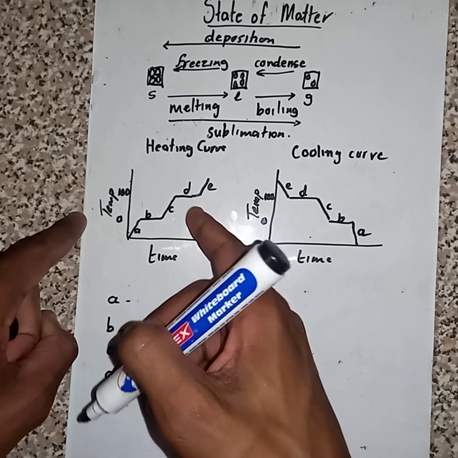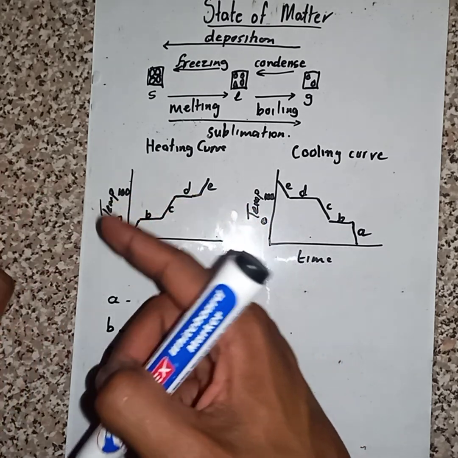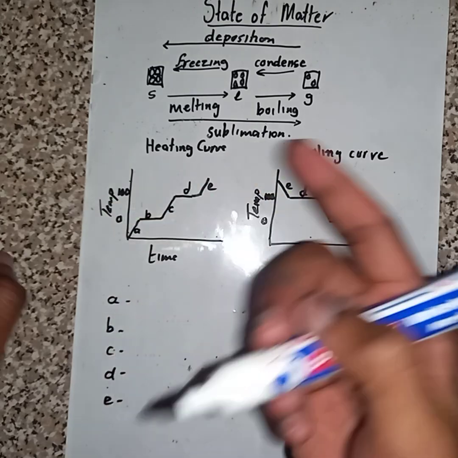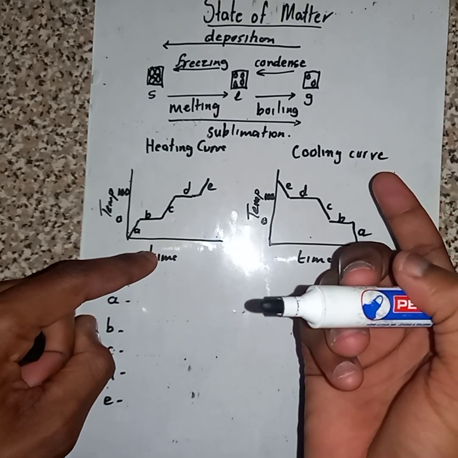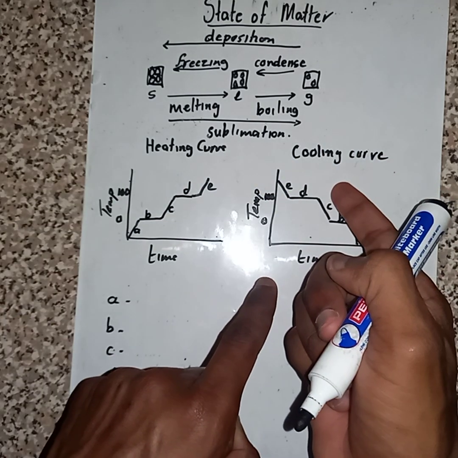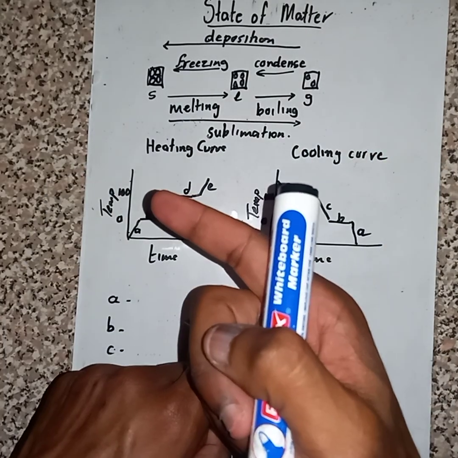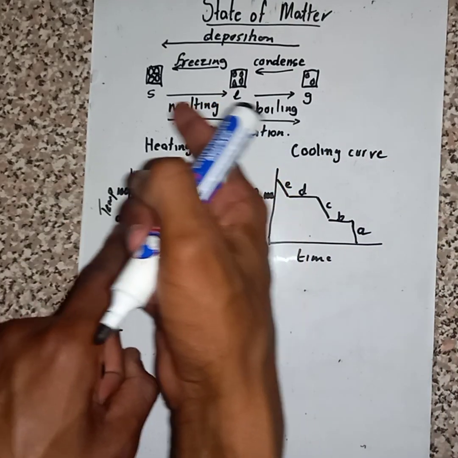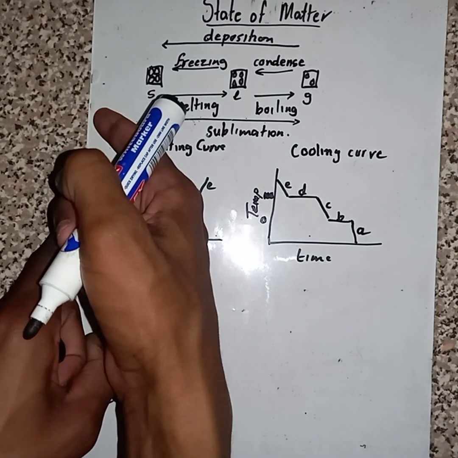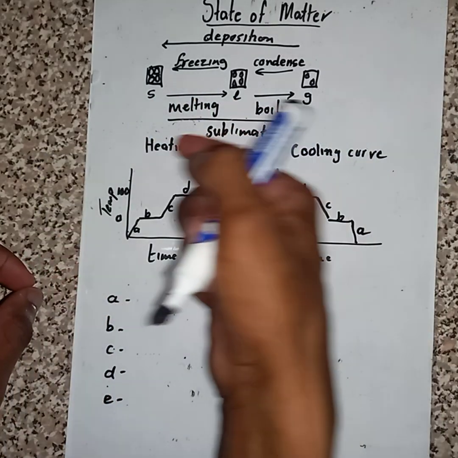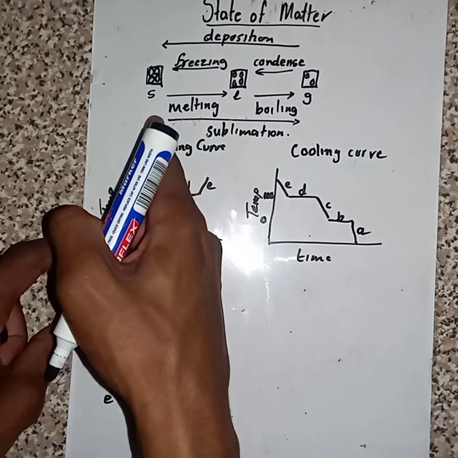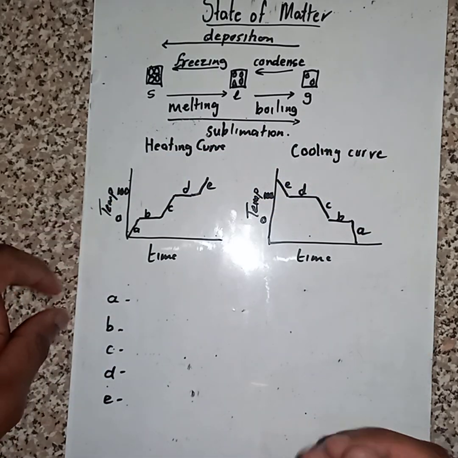In a heating curve, we move from solid phase to gas phase. Then as for cooling curve, it's the opposite. We move from gas to liquid, or liquid to solid. Somehow we move backwards. As for heating curve, we move forward from solid to gas.